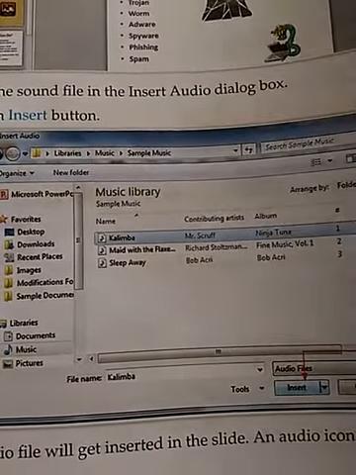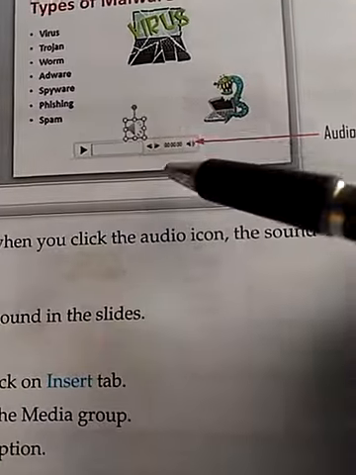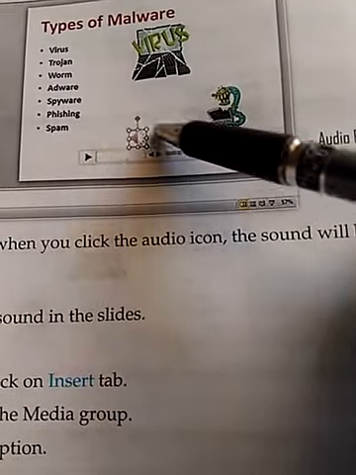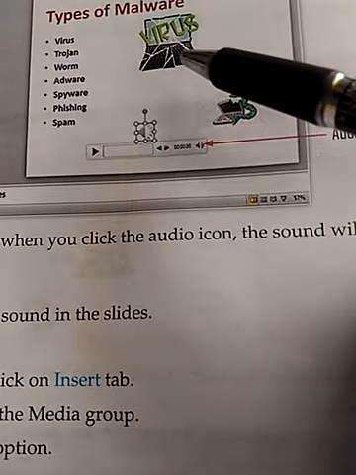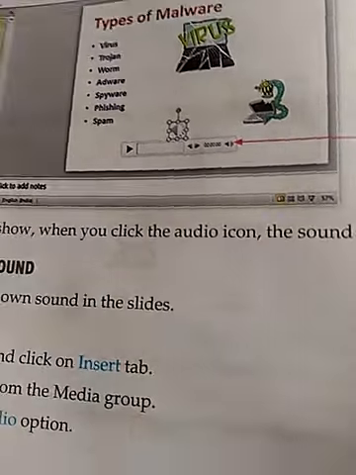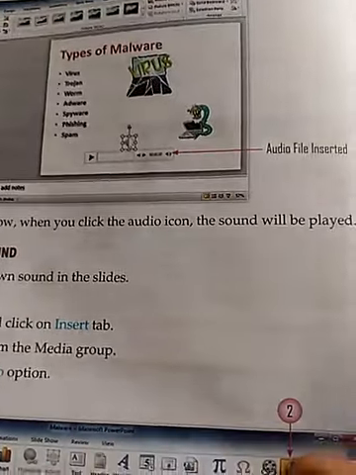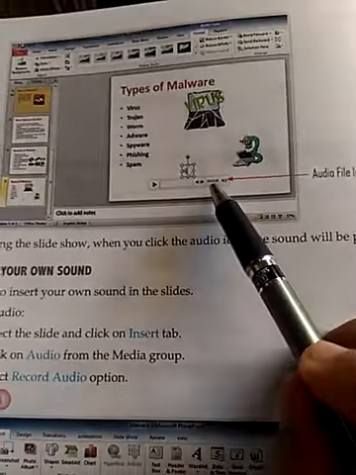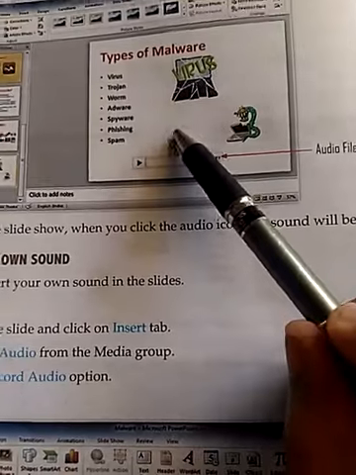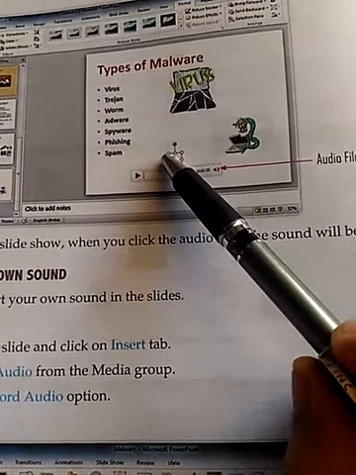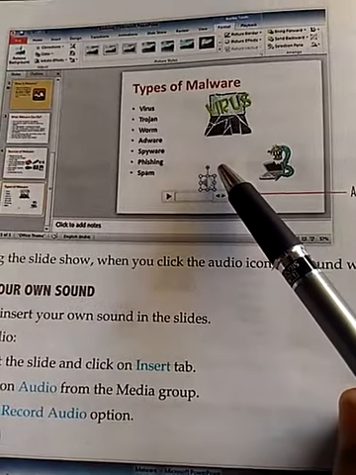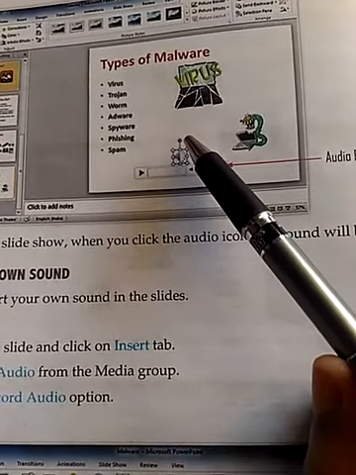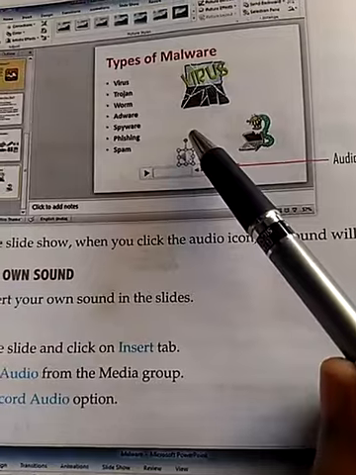As soon as you click on the insert button, you will see this button appear on your slide. Once you get this button on your slide, when you play your slide during slideshow, the audio which you have selected will be played automatically.